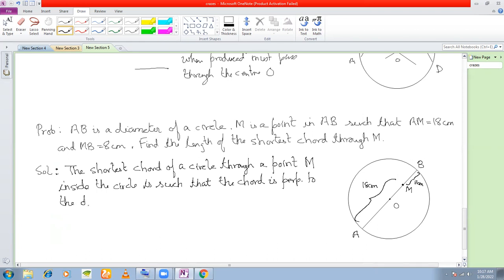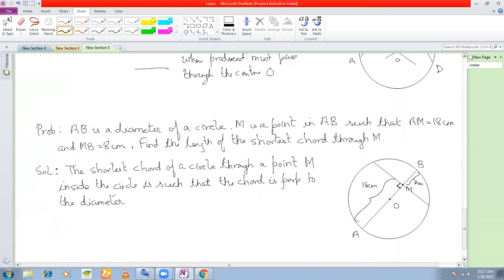It can very easily be shown that this is the shortest chord of the circle, through a small proof. That is, what will be the shortest chord in this case? In this case, the shortest chord will be a chord that passes through M, and is perpendicular to the diameter. That is, this angle must be 90 degrees.